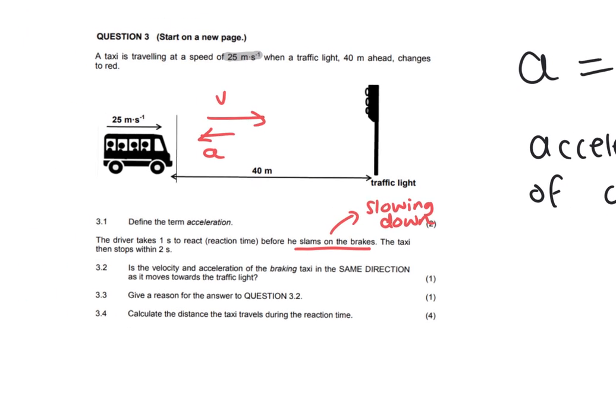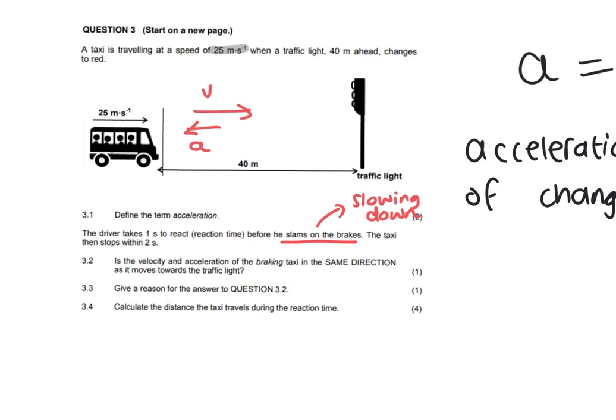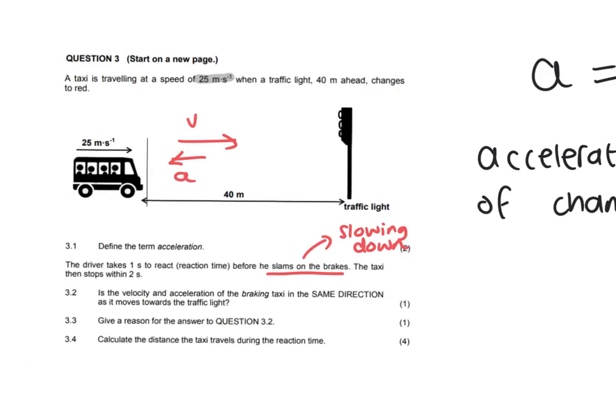Because that is the reason they're asking you, what does acceleration mean? Because if you go to the definition of acceleration, it is the change in velocity. You want to change your speed. If you're accelerating in the same direction as your velocity, then you will increase your speed. You will go faster. But a change in speed can also be a decrease.